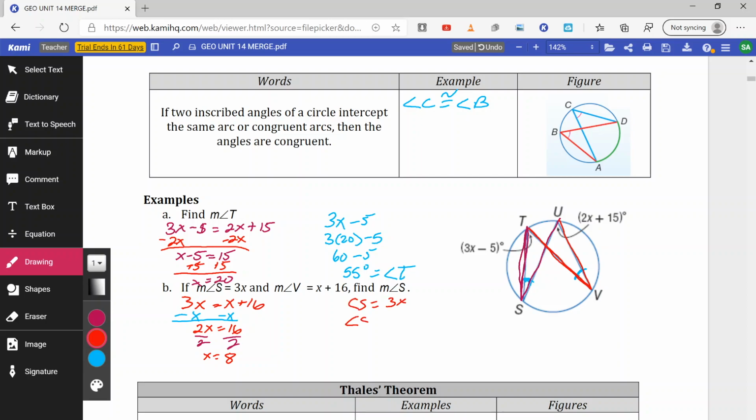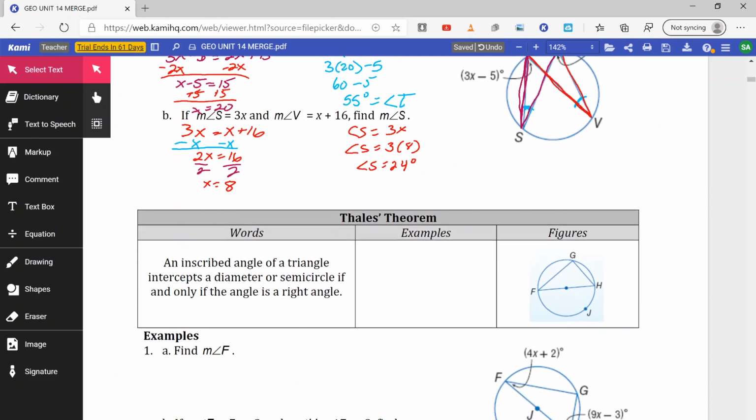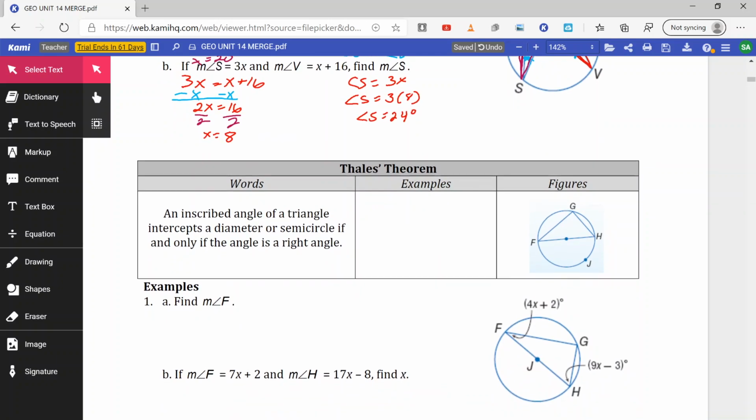So angle S means 3 times 8, which means angle S is 24 degrees. So again, inscribed angles sharing the same arc are going to be congruent. Set them equal to each other, and we can figure out angle measurements, missing pieces of x, and everything related to it as well.